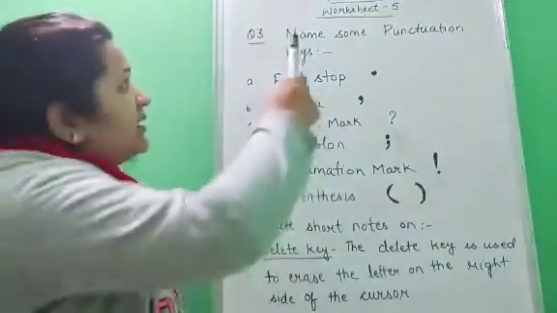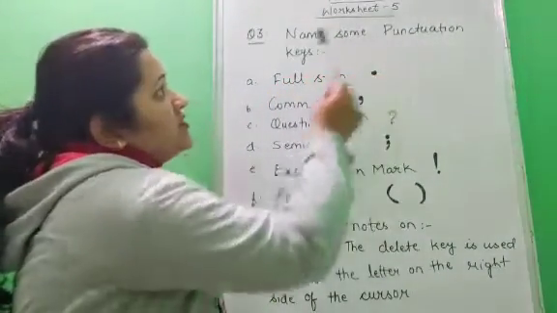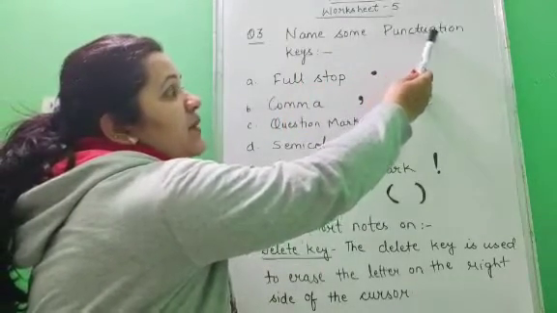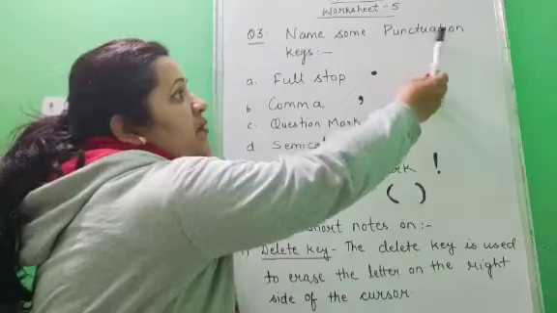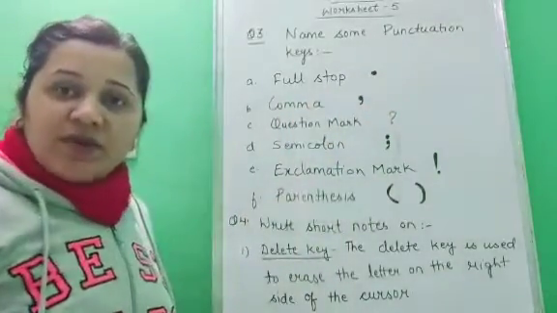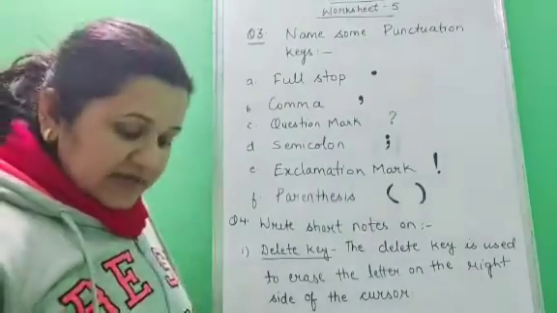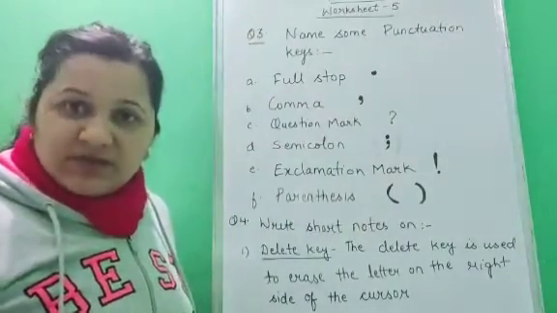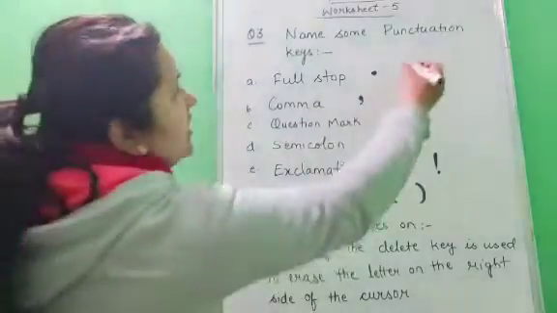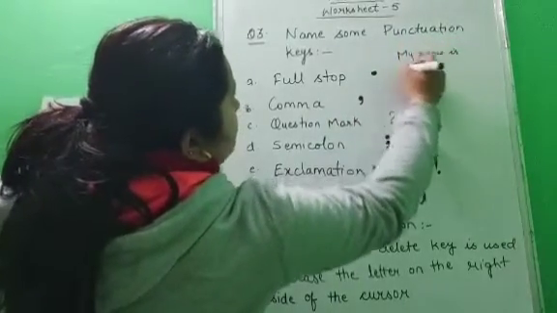Number 3, some punctuation keys. P-U-N-C-T-U-A-T-I-O-N, punctuation keys. Children, what are punctuation keys? Whenever we write any sentence, we use several marks, several symbols between those sentences. Suppose I have written, my name is Meenakshi.